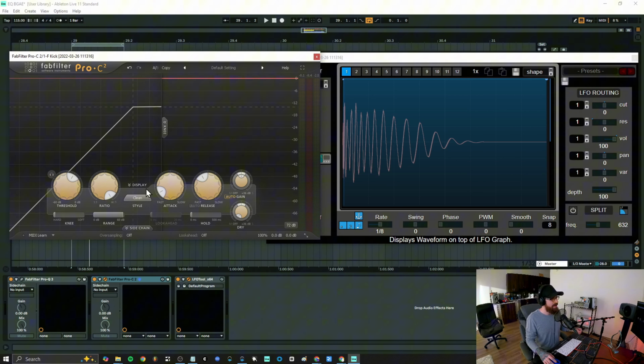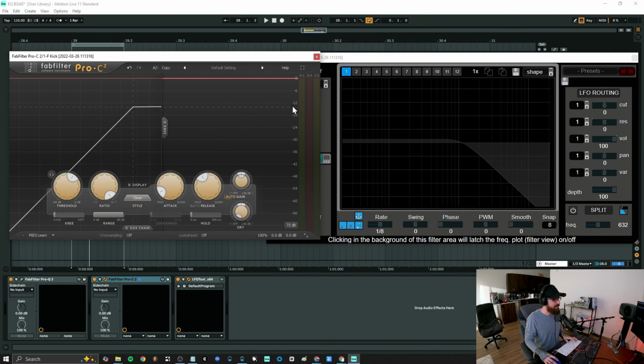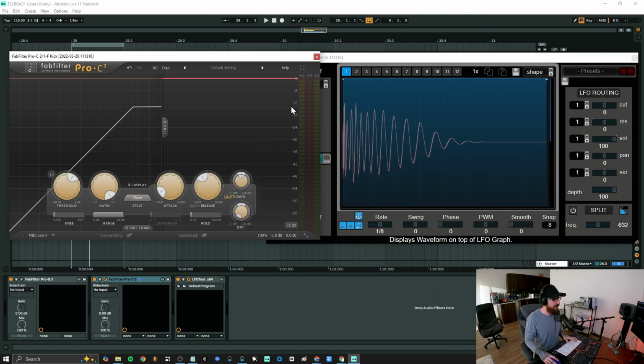So we're only letting 0.14 dB pass. This means that if we add 0.14 dB to our -14 dB threshold, we're actually only getting -13.86. So if we look at our meter here, we'll see it's going to be roughly around -13.86.